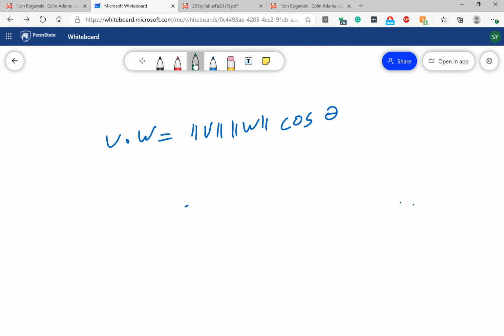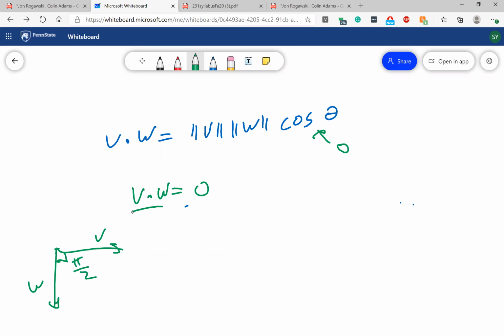Now, if we have two vectors, V and W, that are perpendicular or orthogonal to each other, or the angle between them is pi over 2, this is my V, this is my W, then cosine is going to be 0, which means that V dotted with W is going to be equal to 0. So anytime I have two vectors that are perpendicular to each other, their dot product is going to be 0.